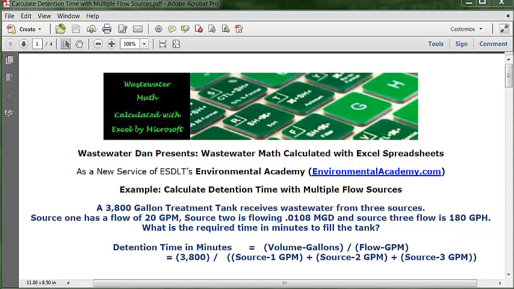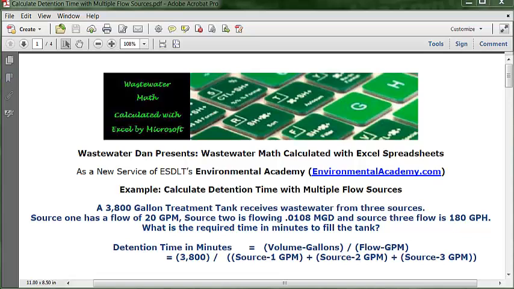So this problem requires using a detention time formula, and the basic structure of a detention time formula is to take tank volume in gallons and divide it by flow rate in the same time increment required of the answer, which in this case is minutes.